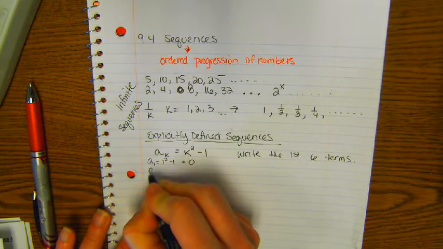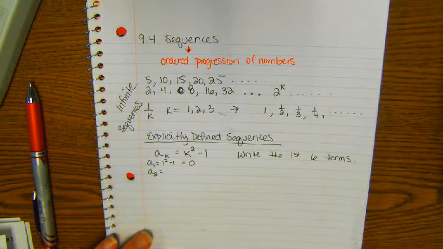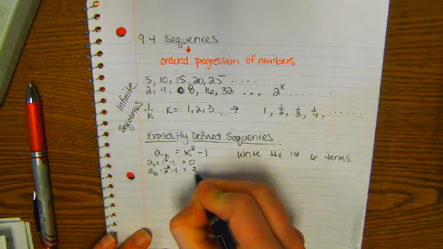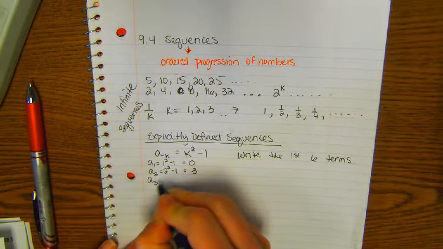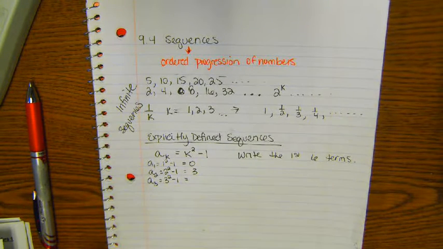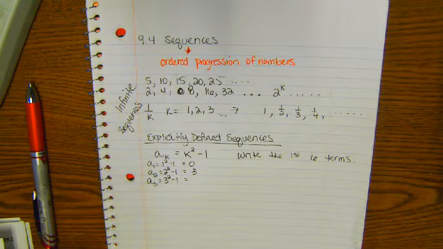What's the second term then? Good. So you're actually putting that term number in there. Keep going. Third. No, because we just got 0 and 3. What's the third term? 8.